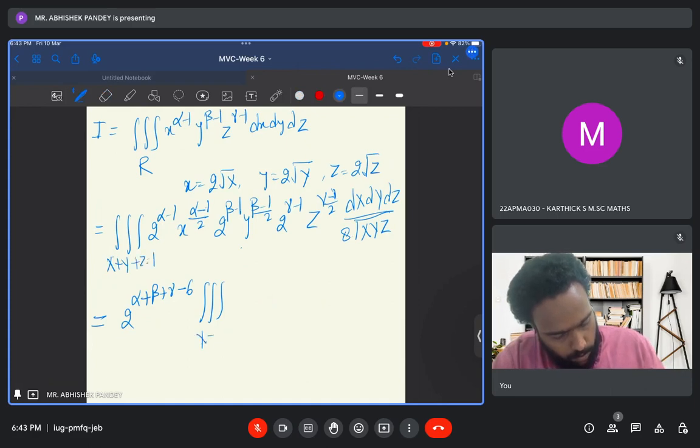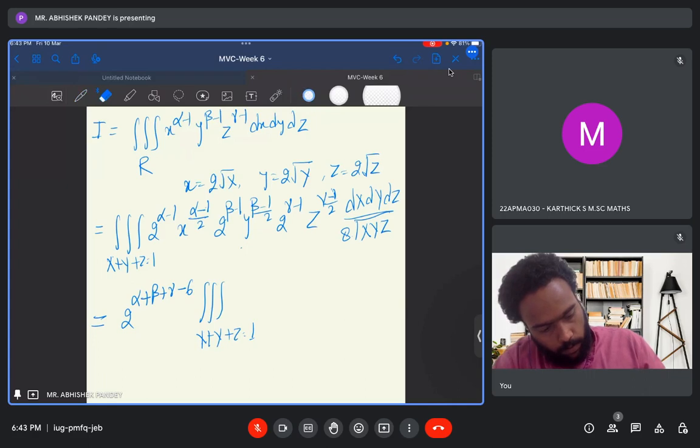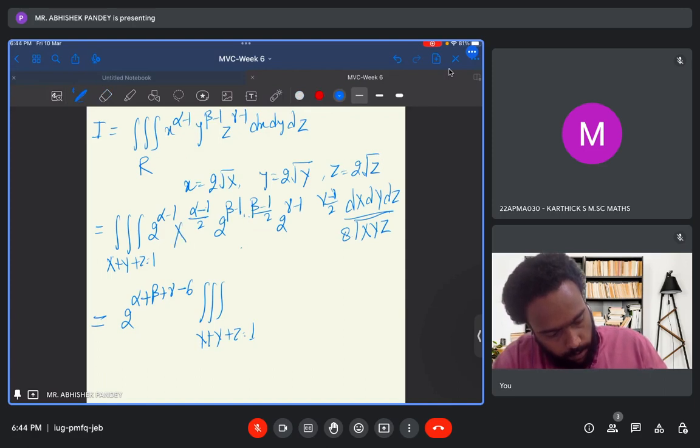So capital X plus Y plus Z is equal to 1, and this should be capital X, capital Y, capital Z.